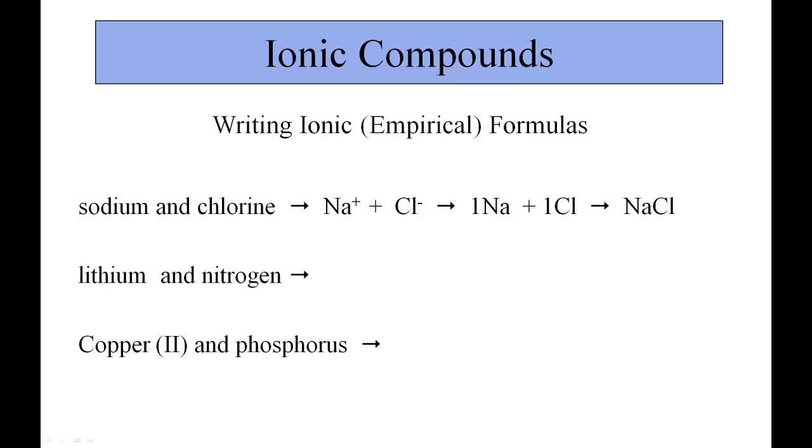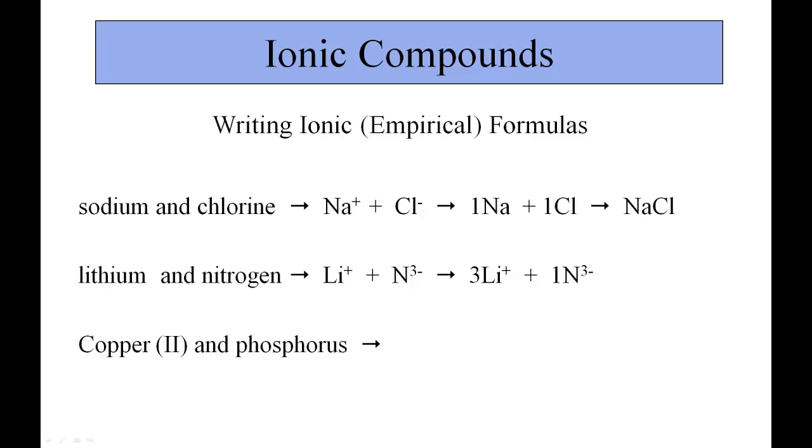So let's look at lithium and nitrogen. If you look up lithium on the periodic table, you'll find out it has a +1, and nitrogen, being in group 15, has a charge of -3. Well, in order for these to be neutral, it looks to me like I'm going to need 3 lithiums to give us a +3 charge and 1 nitrogen to give us a -3 charge.